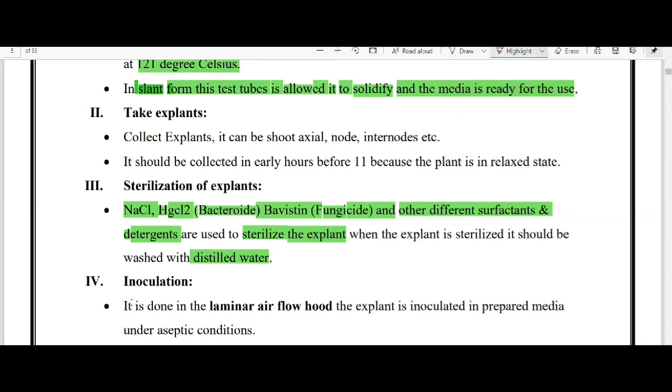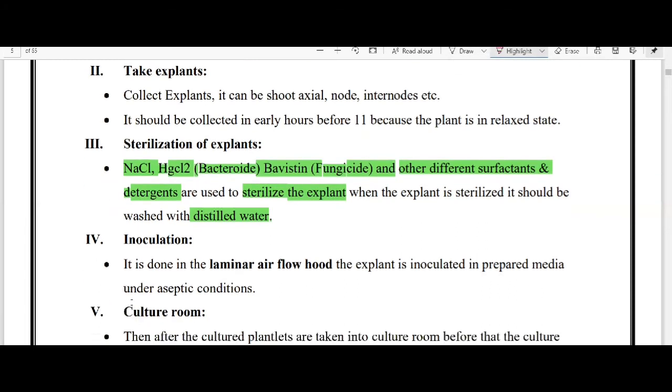Now, inoculation. It is done in a laminar airflow chamber or laminar airflow hood. The laminar airflow chamber is a machine, or we can say a chamber made of wood or any other metal, in which aseptic conditions are maintained.